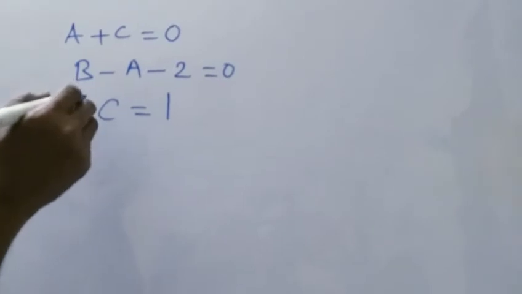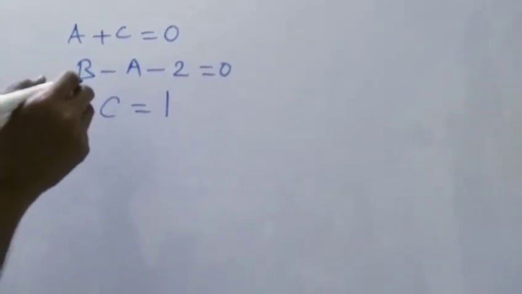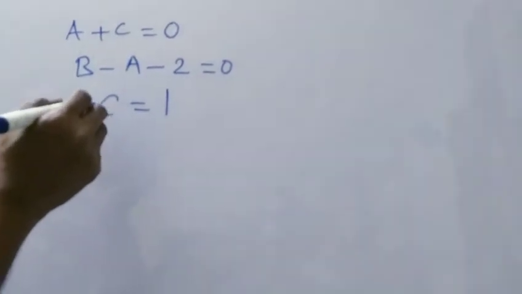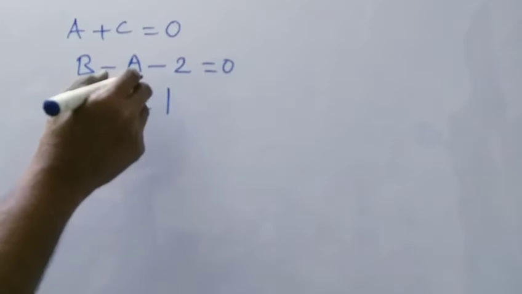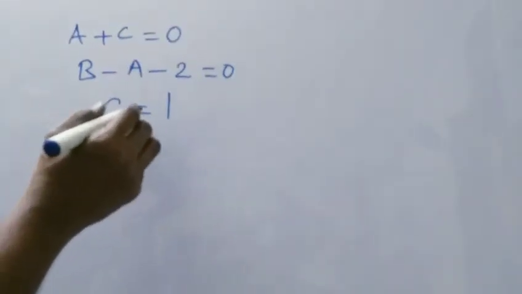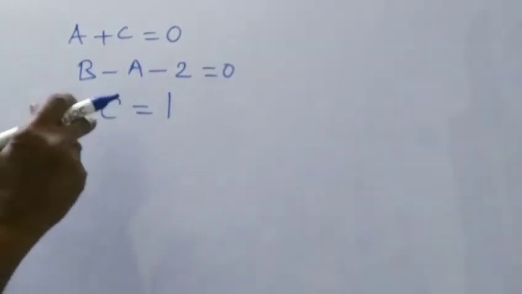So here a plus c is equal to 0, c is equal to 1, b minus a minus 2 is equal to 0. So c is equal to 1 we already got.